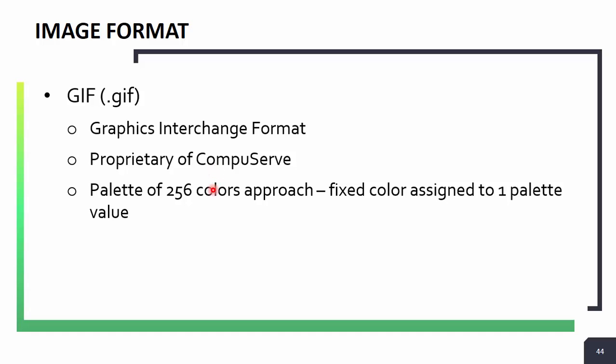This format does not use a number of bits per pixel to keep color, but it keeps color as a palette. There are 256 colors in the palette. Basically each pixel contains only 8 bits of data.